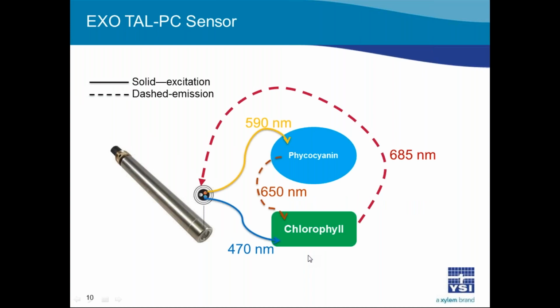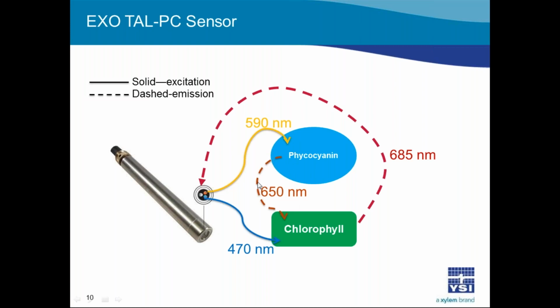So the general principle of how the sensors work is that the sensor has two primary LEDs that emit light. There is a yellow-orange emission of 590 nanometers, which, if you recall, phycocyanin can absorb. So it gets excited by that light, and then it will emit light of a longer wavelength and a lower energy.